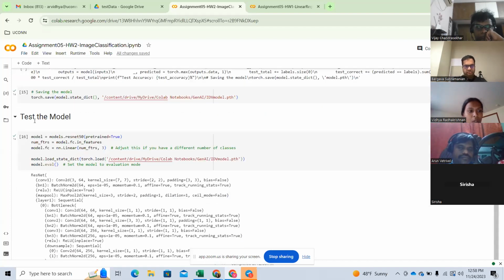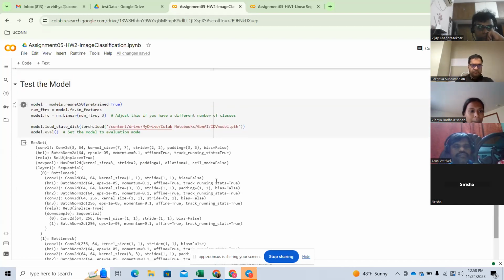Now this is where we actually predict the values using this model, like predict the image. We are again calling the model where we have saved it.